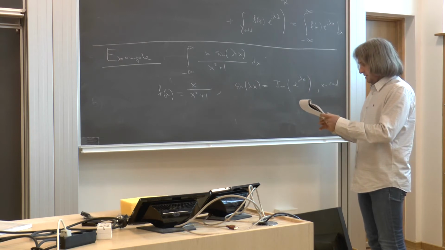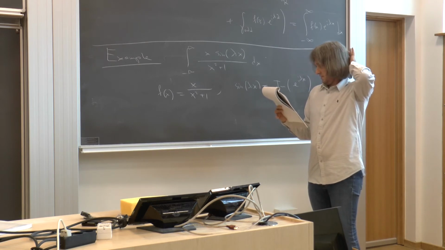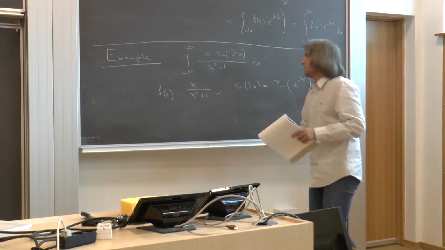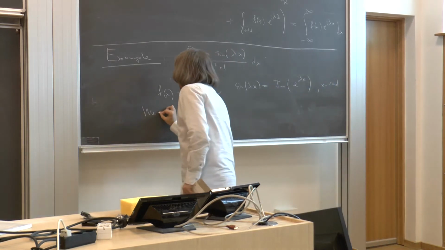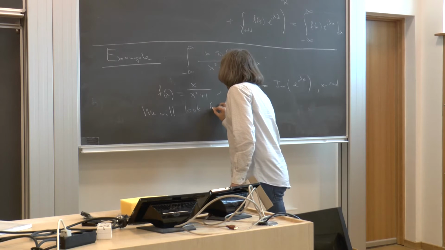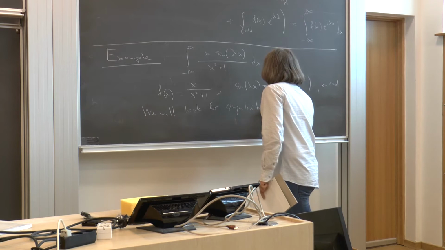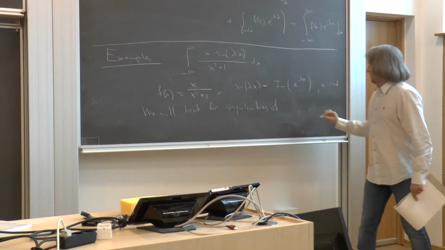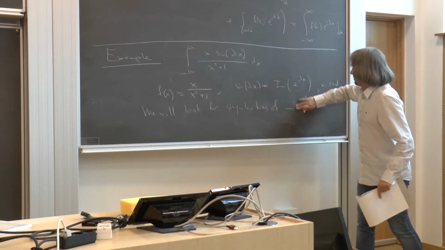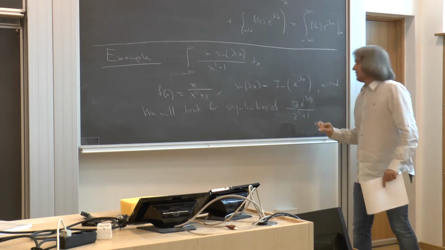So our function in total will be, so we'll look for residues, look for singularities, of z e to the I lambda z over z squared plus 1.